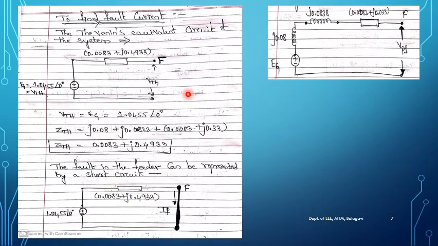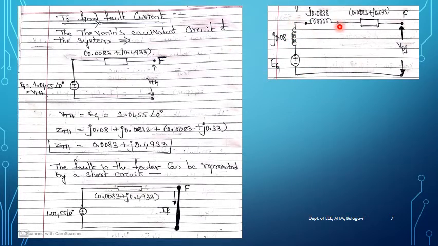Okay, after finding out the generator impedance value and the pre-fault value, next we need to find the fault current. So before that, according to our Thevenin's theorem, next step, wherever the voltage sources are there, we need to short those voltage sources.